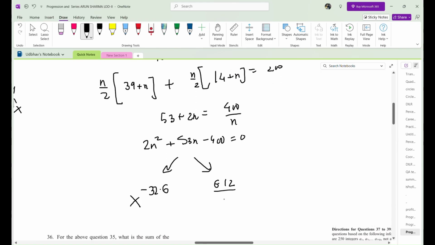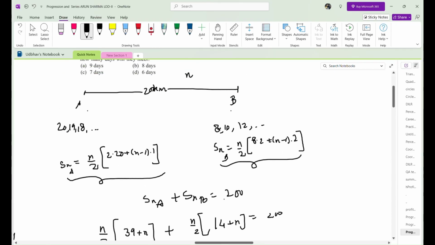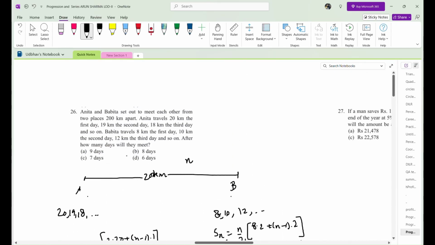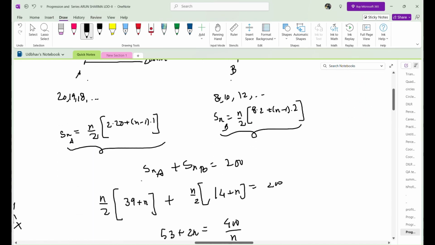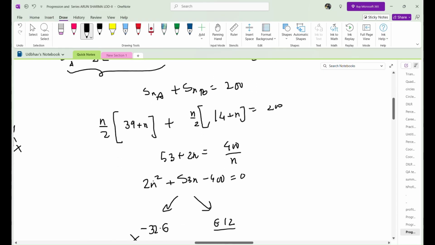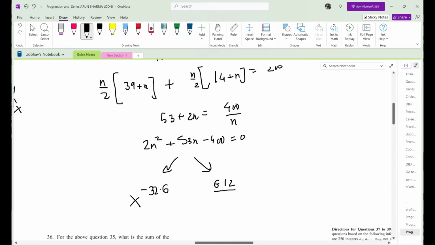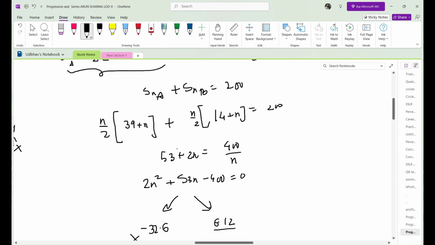And we are getting the answer as 6.12. So how can we decide whether our answer will be 6 or 7? We can just use the equations back again and put the value 6 back into this equation.